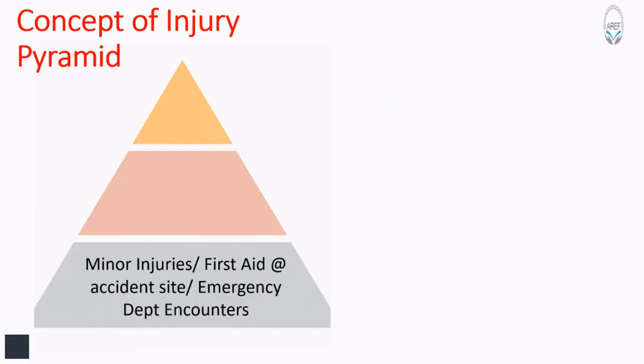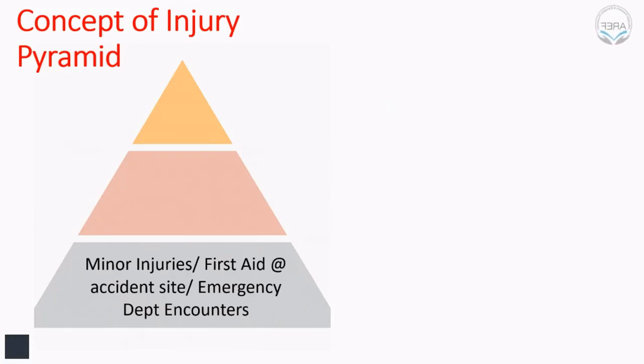That means those injuries are not very critical. First aid or first responders can manage those without much difficulty, and many of the cases are managed on the accident site itself.